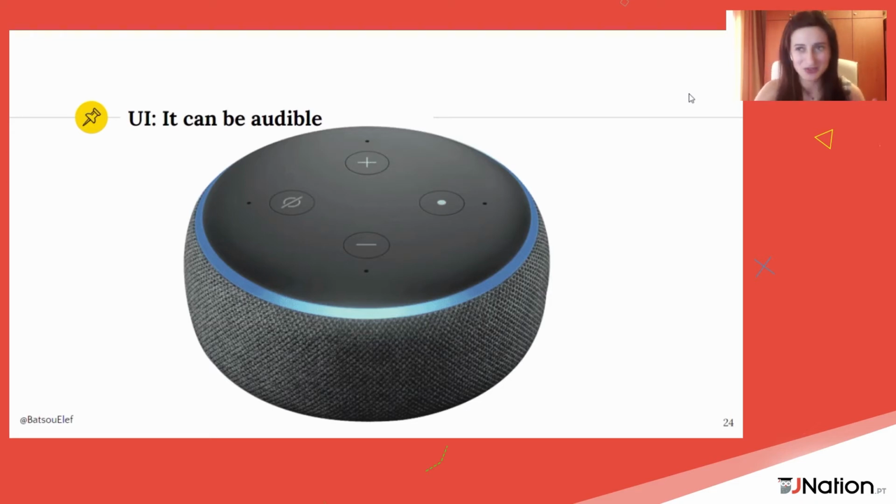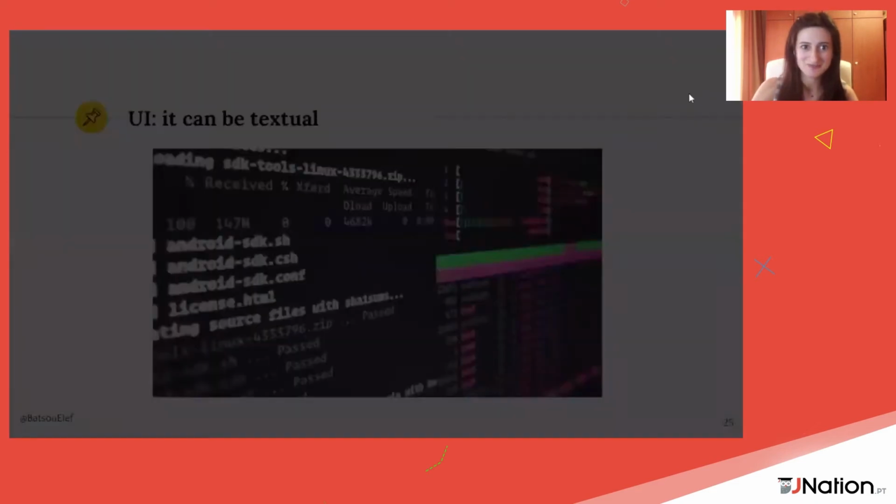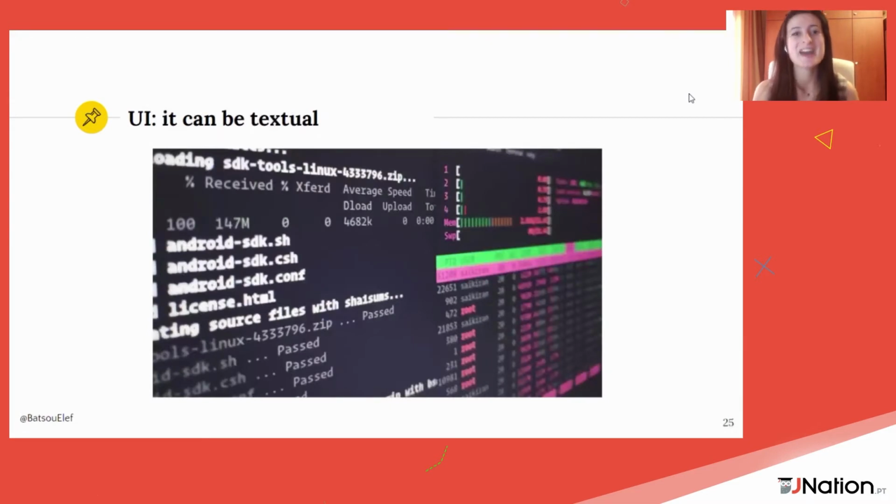But we also have another example, this one. And again, I'm pretty sure that you have seen that one. It's a command line. UI can also be textual. I'm not saying it's pretty, but we also have a textual kind of format. Just by typing something on a command line, the system interacts with that and gives you again useful information or whatever you may need. This is a kind of UI.